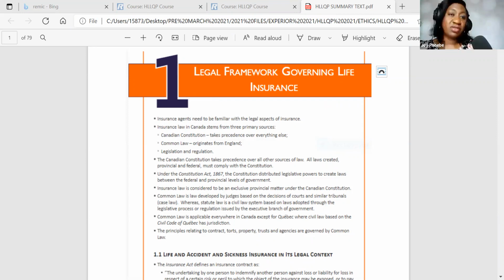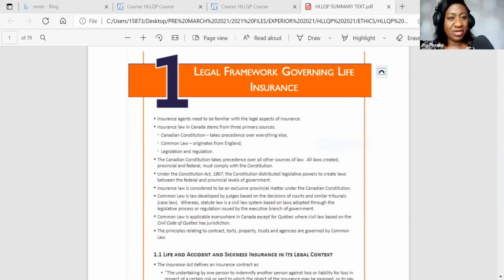I have the summary of the textbook with me, so it's not going to be a voluminous, big textbook. I'm hoping that we could cover almost everything in this text tonight. So without much preamble or side talk, we'll go right into it.